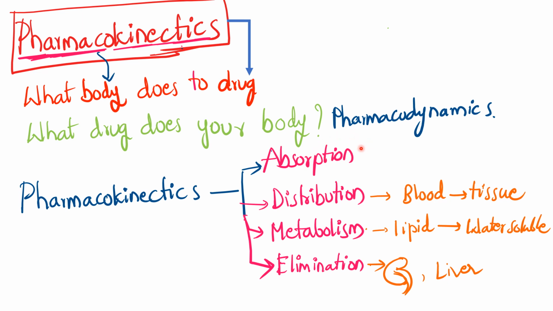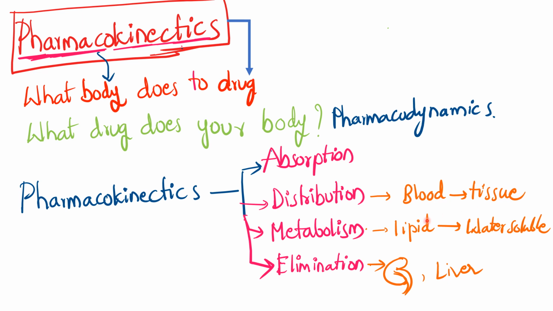From systemic circulation, that is blood, it should travel to tissues to show its therapeutic effect, and it should be metabolized. Mostly it is metabolized in the liver. In the liver, if the drug is lipid soluble, it converts to water soluble. If a drug is inactive, it converts to an active drug. If the drug is active, it converts to a more active one.